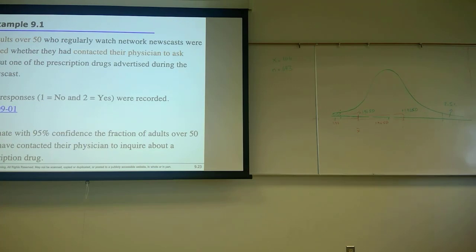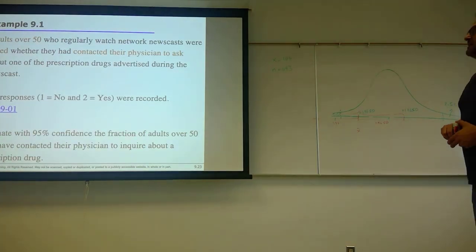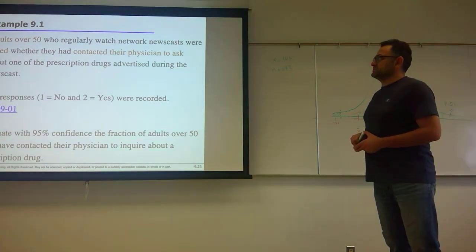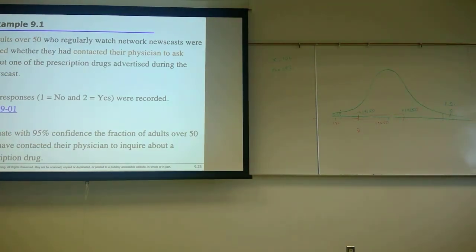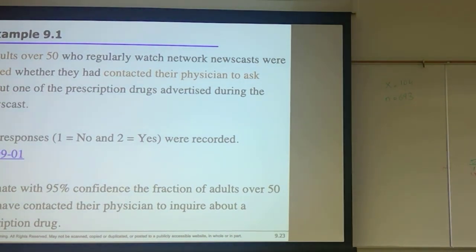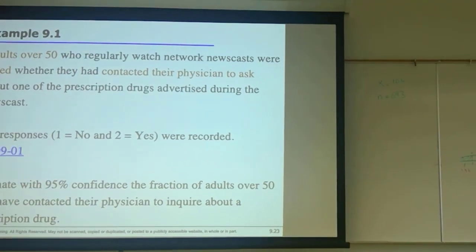Okay, here is an example. We asked adults over 50 who regularly watch network news if they contacted physicians to ask about some prescription drugs that were advertised on the newscast. To be more concrete, we asked 693 adults, and out of those 693 adults, 104 said that they would contact their physician regarding a prescription drug.